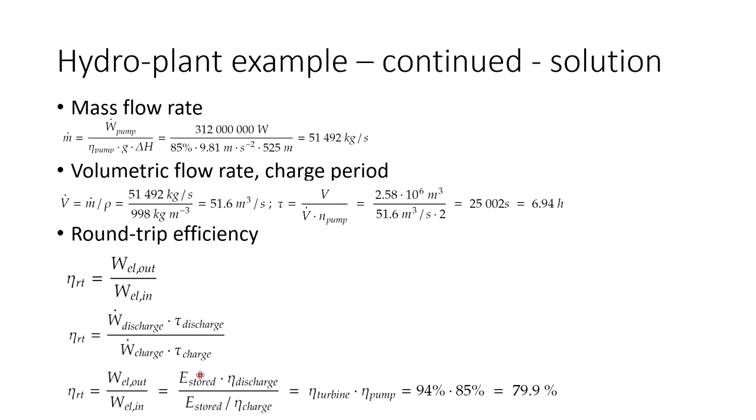So this stored energy is in both, so it can be cancelled out, and we will get efficiency of the turbine multiplied by the efficiency of the pump, or efficiency of the discharging process multiplied by the efficiency of the charging process. So it's 94% times 85%, which is 80% round-trip efficiency, how much electricity we get compared to how much electricity we put into the storage system.